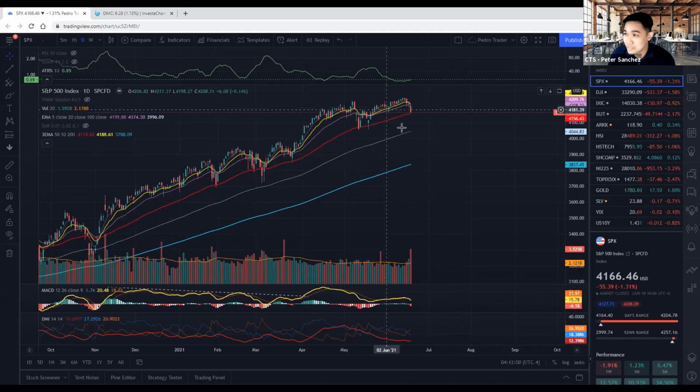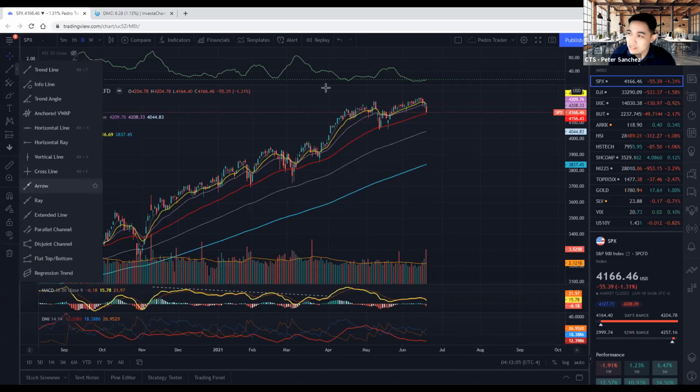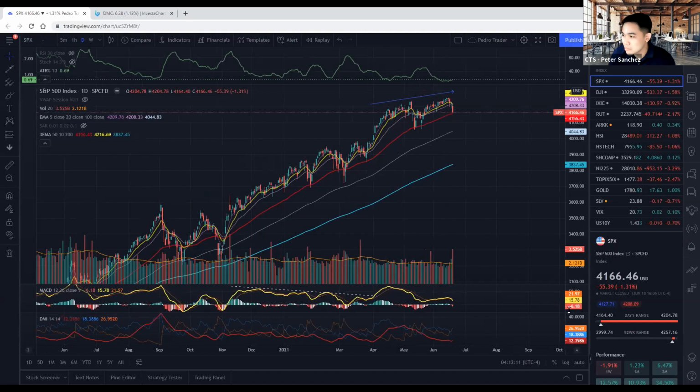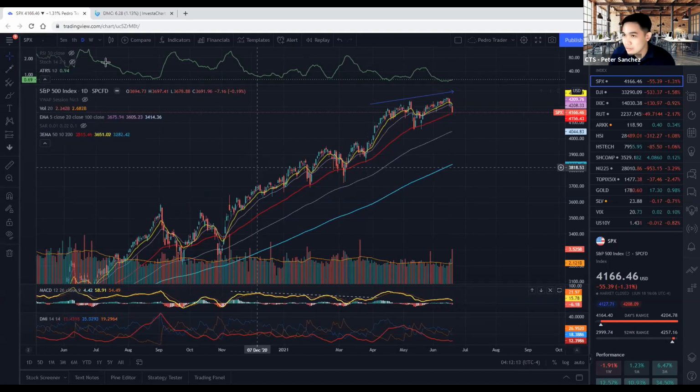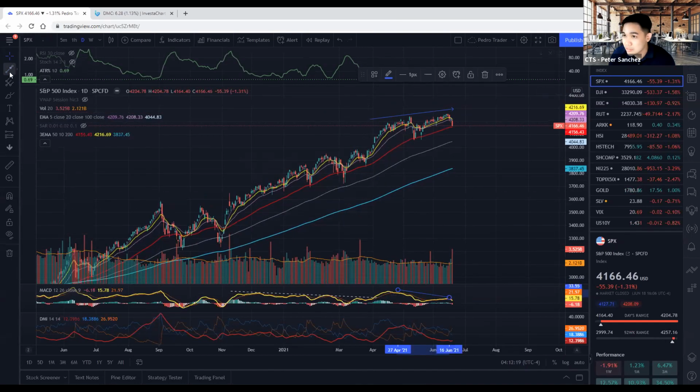Pwedeng divergent, di ba? Ano yung tinuro natin kanina. So making new highs, MACD making lows. But for me, medyo hilaw pa siya to say that pababa yung market. Kasi again, it's on an uptrend. Kung titingnan natin yung EMAs, it's actually respecting the 50-day, itong red line, no?